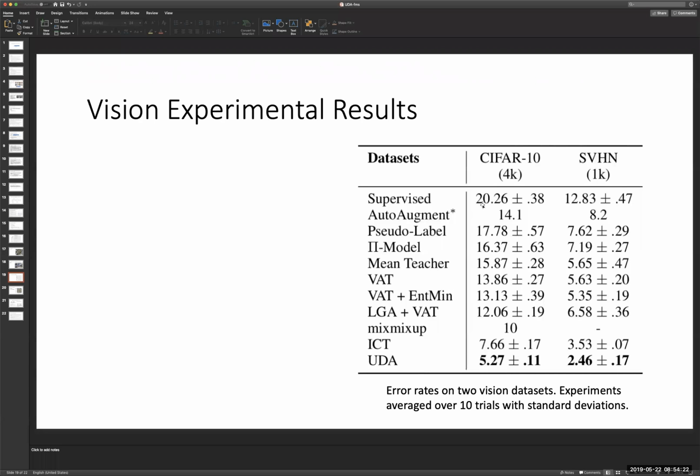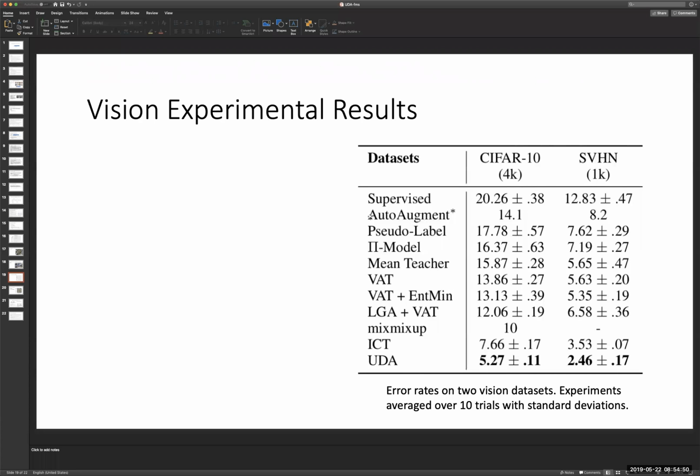And we see that we get 20.26% error. They did this 10 times, so they're able to compute the average over those 10 runs. And they're able to compute a standard deviation from those 10 training runs or experiments. So that gives you some confidence bounds on that.